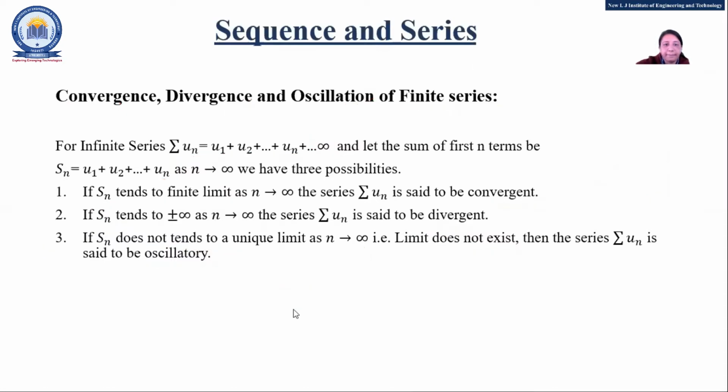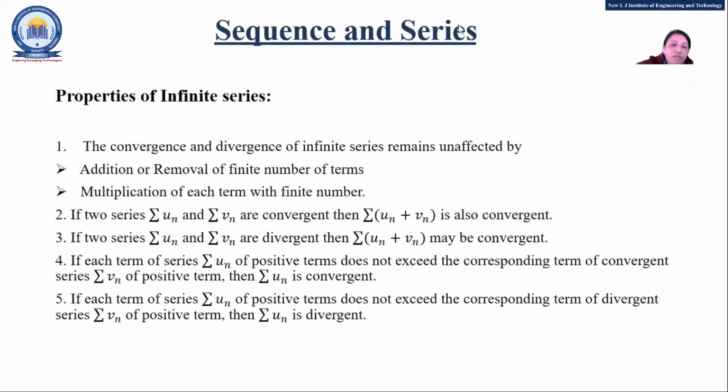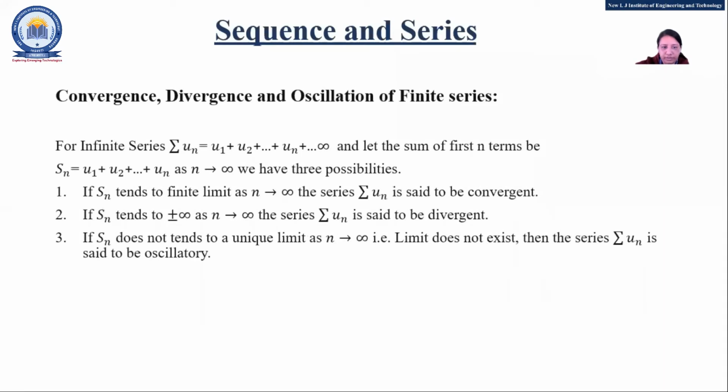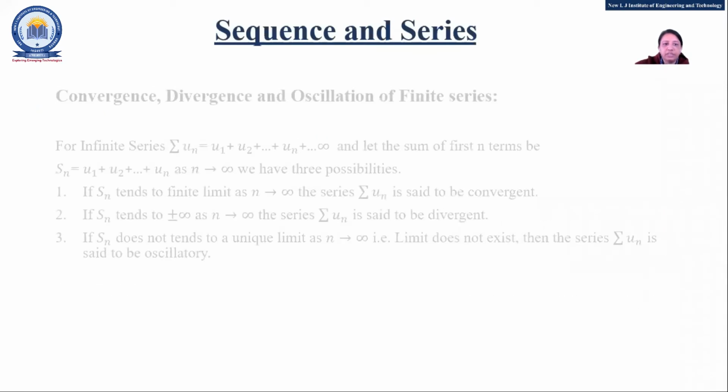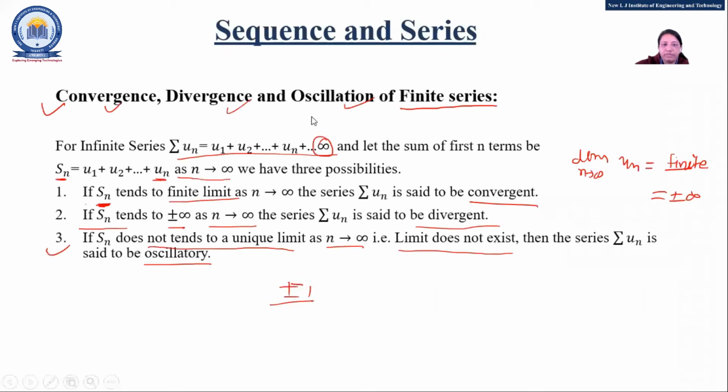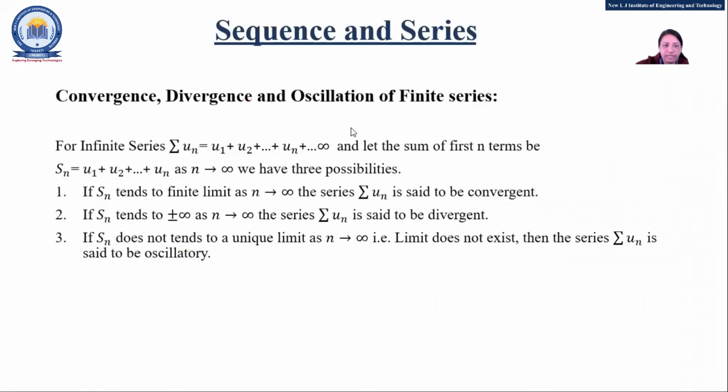Now properties of infinite series. Some theorems are there, but I'll tell you whatever is important to you. This you need to remember: convergence and divergence, because that type of example is there.